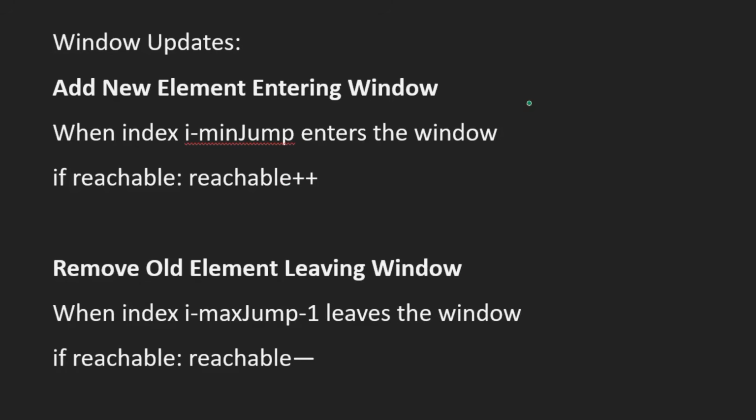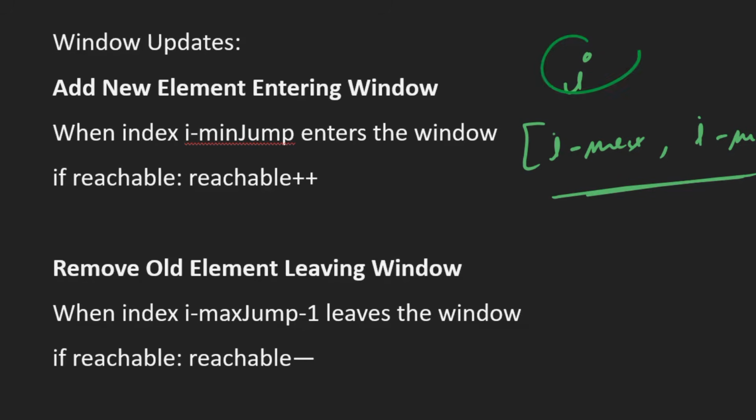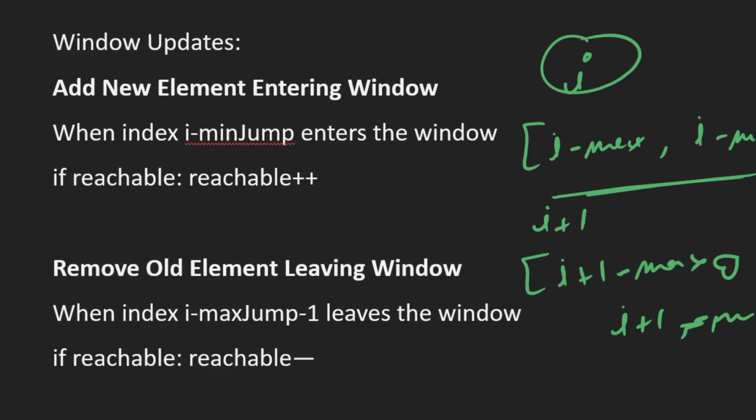So if you see, for index I the range is I minus max jump, I minus min jump, right? This is the range for index I. Then for I plus 1 it will be I plus 1 minus max jump, and I plus 1 minus min jump.